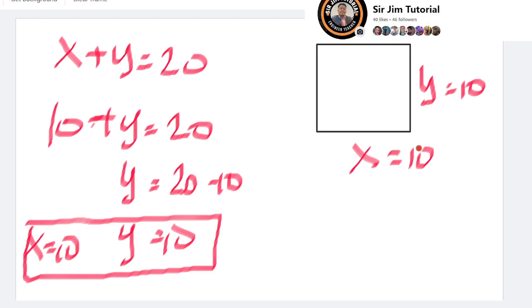It's always a square. So if you're going to choose between a rectangle or a square to get the maximum value, then the efficient one, the biggest one, the maximum one, is that of a square.